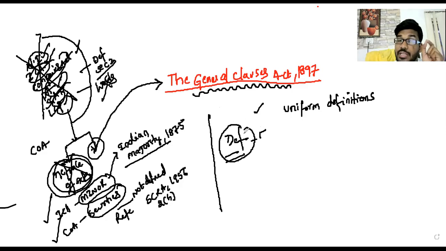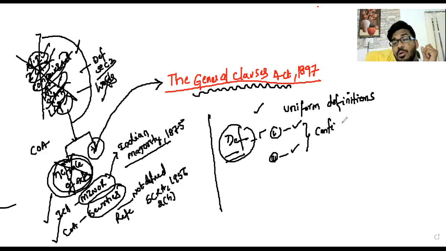Another situation: definitions are defined, but one act has one definition and another act has another definition. There is a conflict between these two definitions. Multiple times the definitions are defined, and a conflict arises between them. In that situation also, we should follow the General Clauses Act.